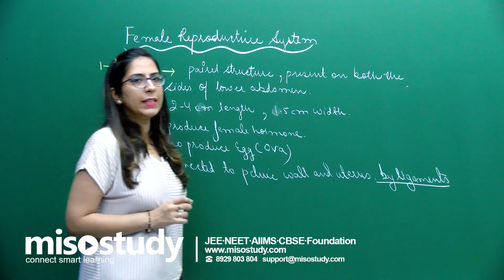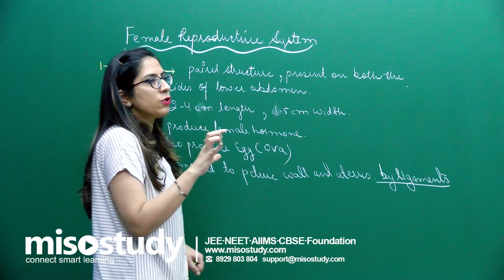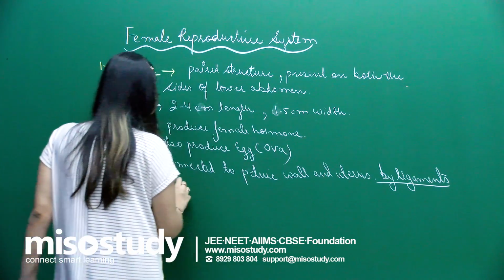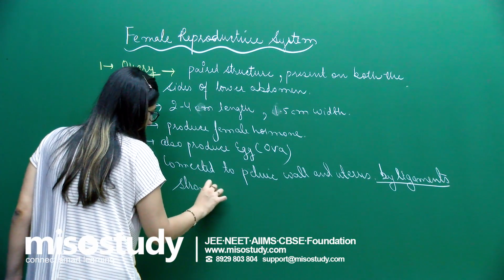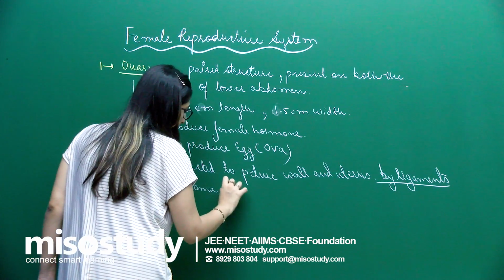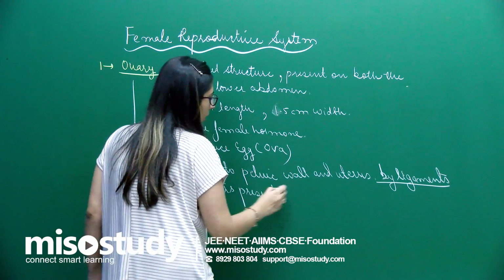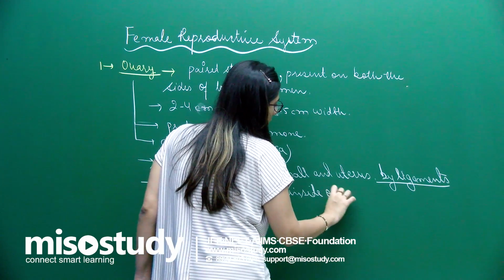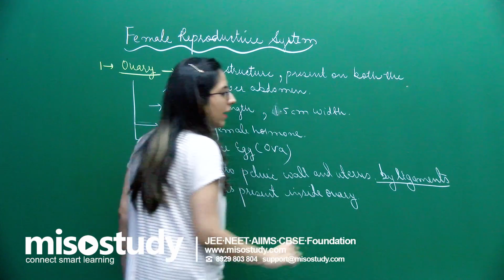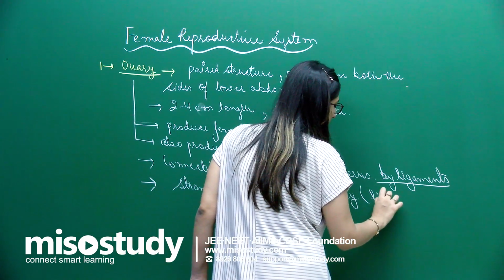Now, when we see the internal structure, inside the outermost membrane there is a stroma. Stroma is present inside the ovary, and it is lined by epithelium.